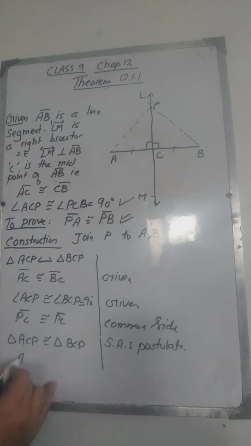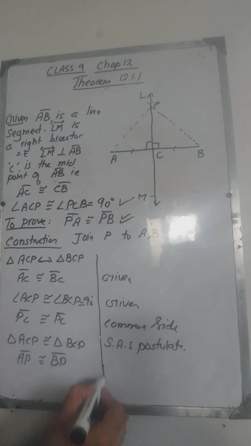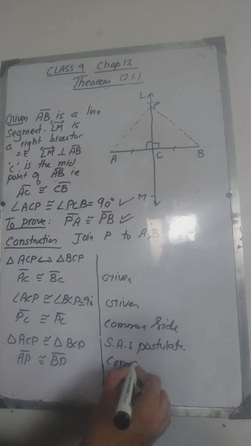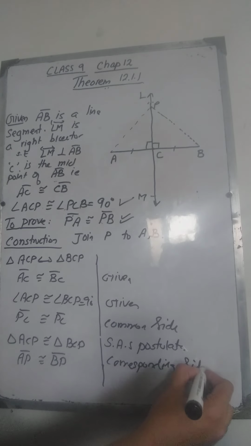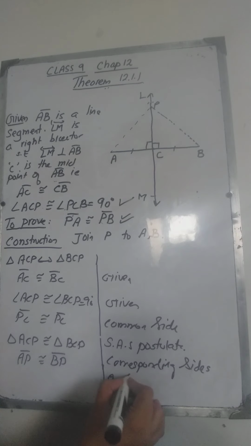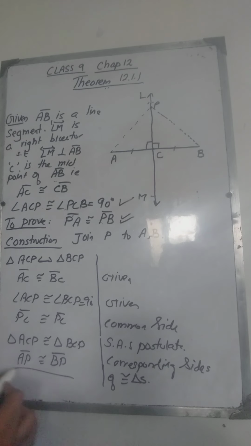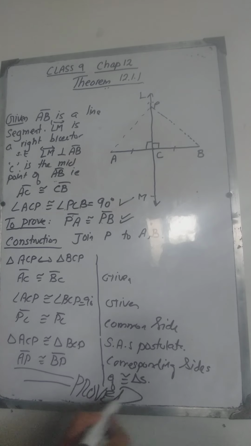It means AP will be congruent to BP. This is because corresponding sides of congruent triangles are equal, and that is what we needed to prove. So it is proved that AP is congruent to BP. This completes the theorem.